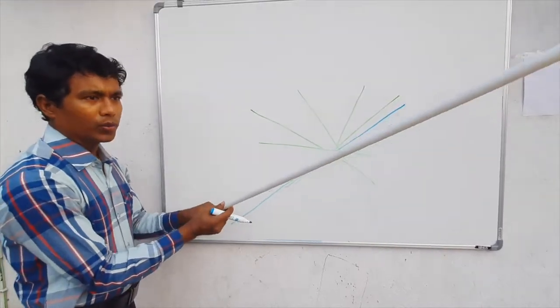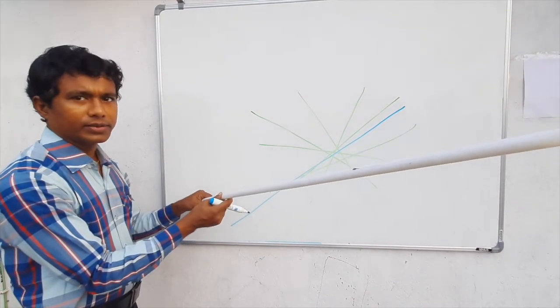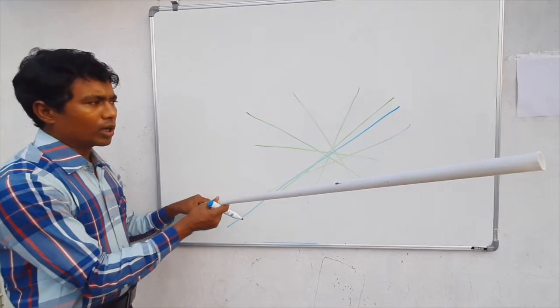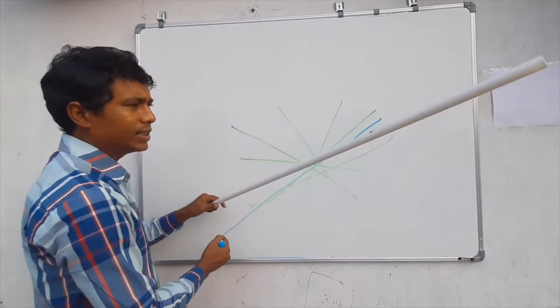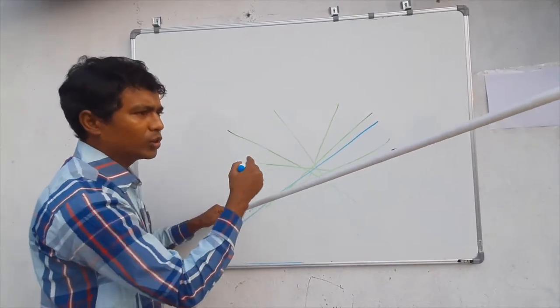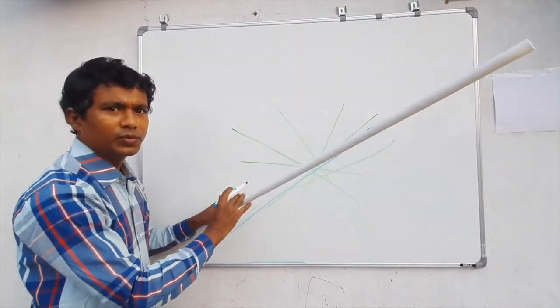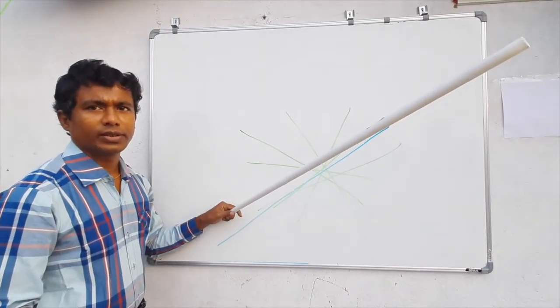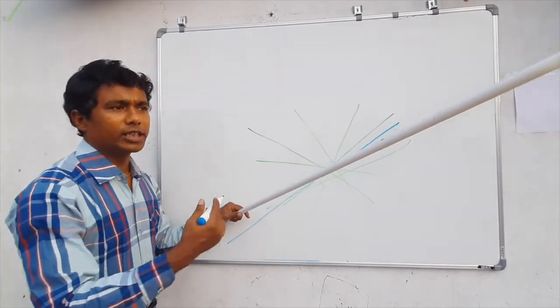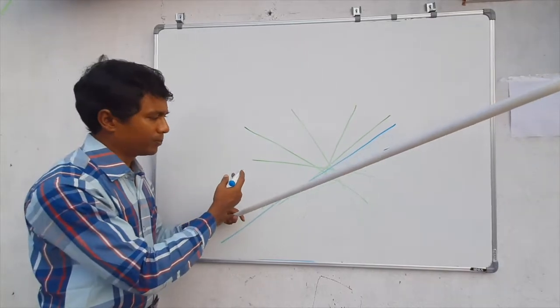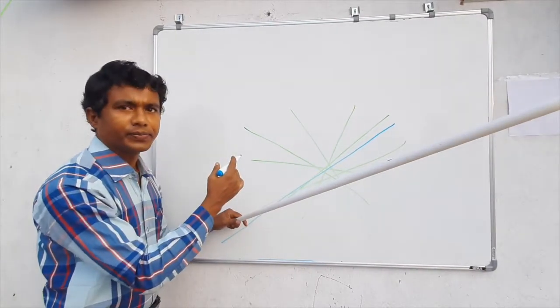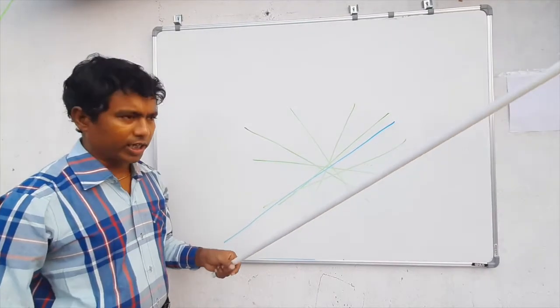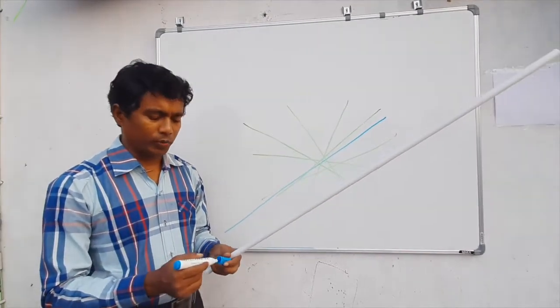But now if the inclination is like this, can you draw any line on this plane which is parallel to this line? No, you are not getting it. So it is not parallel to the plane. Okay, the concept is clear, I think. So that is when it is said to be parallel.